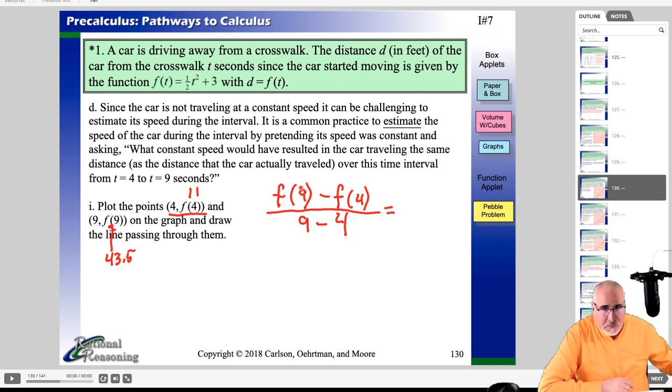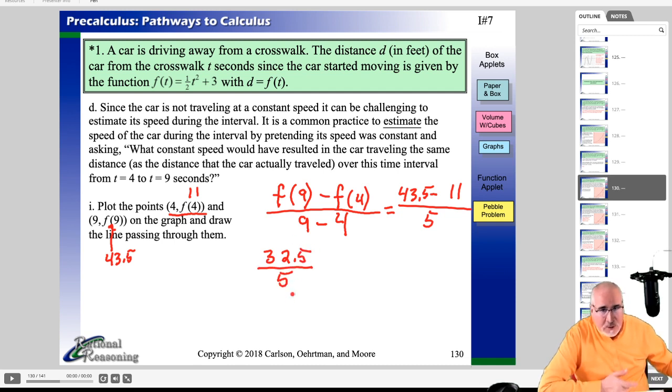And what we do to get f of 9 is we plug it in, and we saw that was 43.5. f of 4, when we plug that in, we got 11. And then 9 minus 4, we could go ahead and do that and get 5. 43.5 minus 11, we calculated as 32.5 over 5.